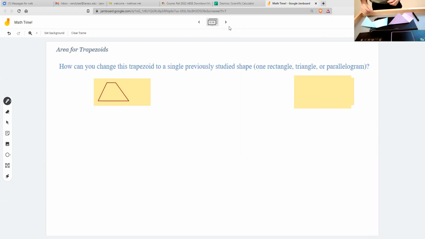Yes, very tiny top, but. Anyone need help building their trapezoids? So how do we take these and make one shape in parallel?